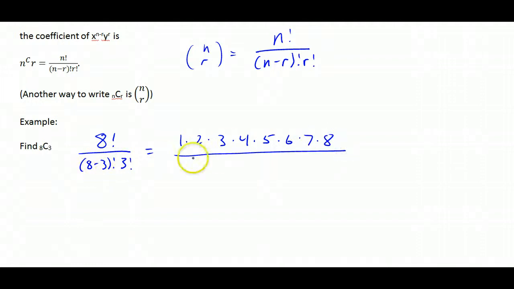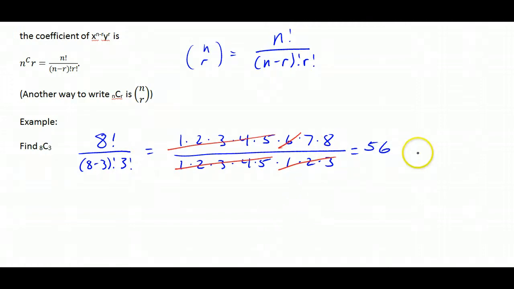And that's going to be 5 factorial, 1 times 2 times 3 times 4 times 5, and then 3 factorial, times 1 times 2 times 3. Well, I can cancel the 1 times 5 on the top and the bottom. The 6 cancels out the 1 times 2 times 3. And all of this reduces to 56, 7 times 8. Okay, so that's how you can evaluate a combination.